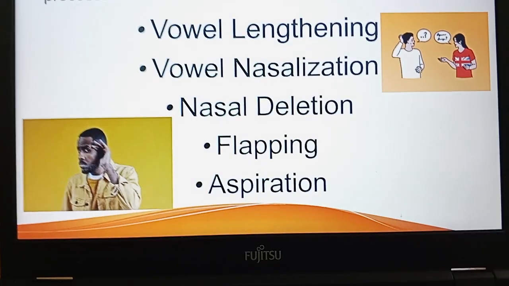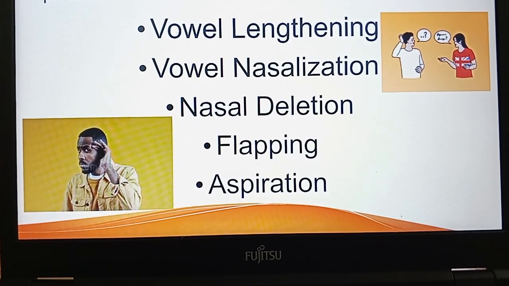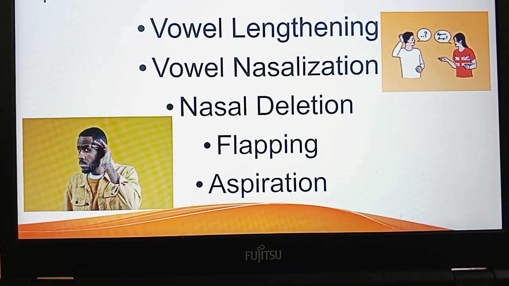So last time we talked about vowel lengthening, vowel nasalization, nasal deletion, flapping, and aspiration. For vowel lengthening, the vowel becomes lengthened in an environment where it occurs before a voiced consonant. For vowel nasalization, the vowel becomes nasalized when it occurs before a nasal consonant. For nasal deletion, suppose that the vowel becomes nasalized because of the nasal consonant, therefore we have to drop the nasal consonant.